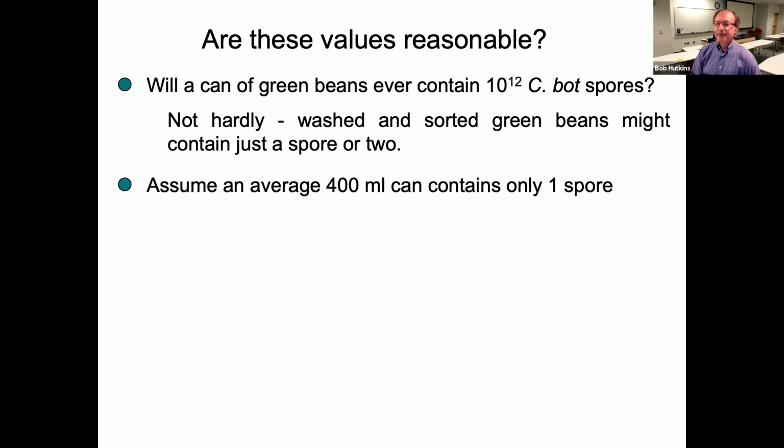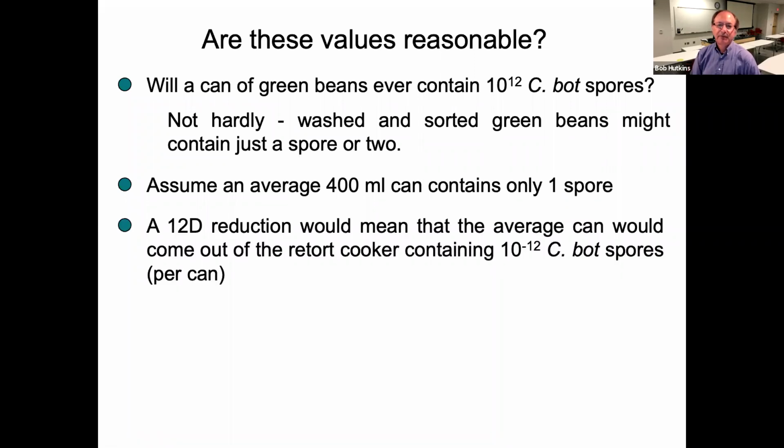So let's just say an average can, 400 ml can, that's a good size can, has only one spore. That's a more reasonable expectation. So a 12 log reduction would mean that the average can would come out of the retort containing 10 to the minus 12 spores per can. So 1/1,000,000,000,000th of a spore, okay?